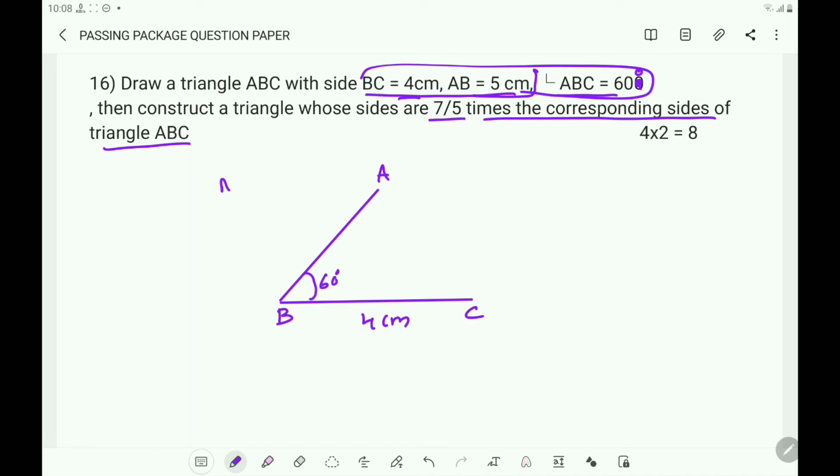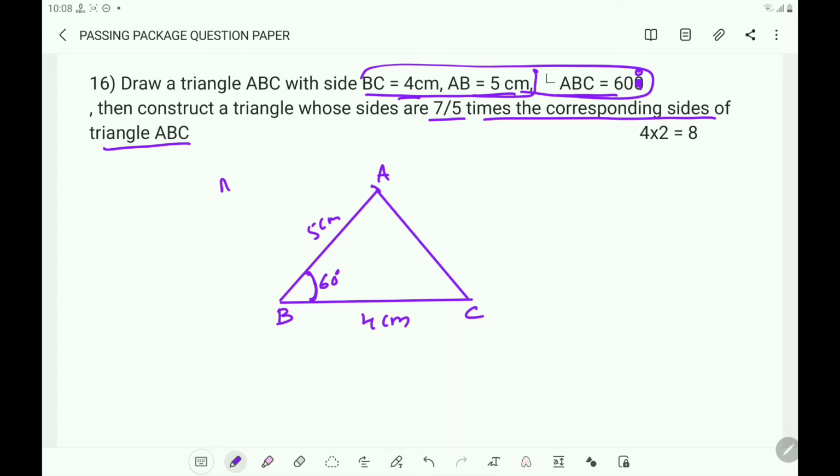Construct a 60 degree angle here. You know the method of constructing the 60 degree angle, and you got AB 5 cm. Take a compass and cut it for 5 cm and join these two. You will get a triangle.